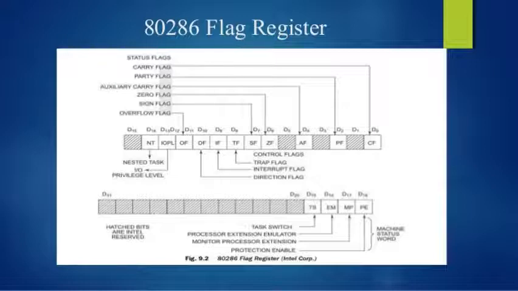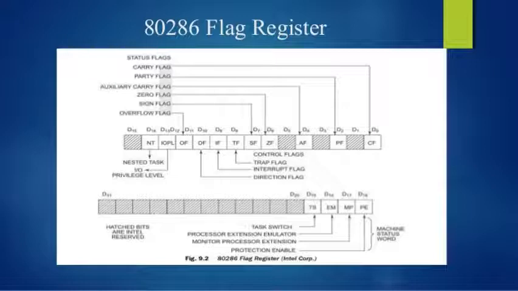When MP is set, the monitor processor extension flag allows the wait instruction to generate a processor extension not present exception. Bit D18, if EM is set, the emulate processor extension flag causes a processor extension absent exception and permits the emulation of the processor extension by the CPU.